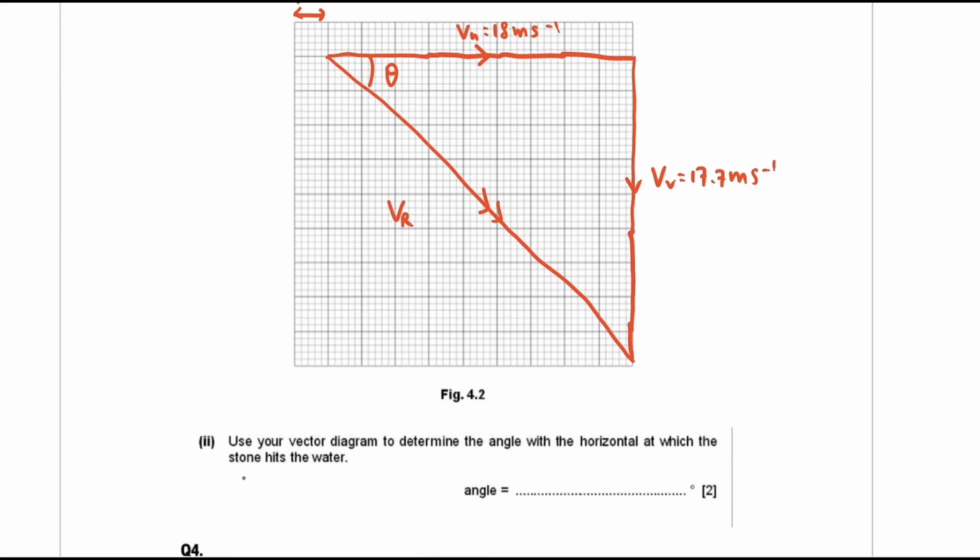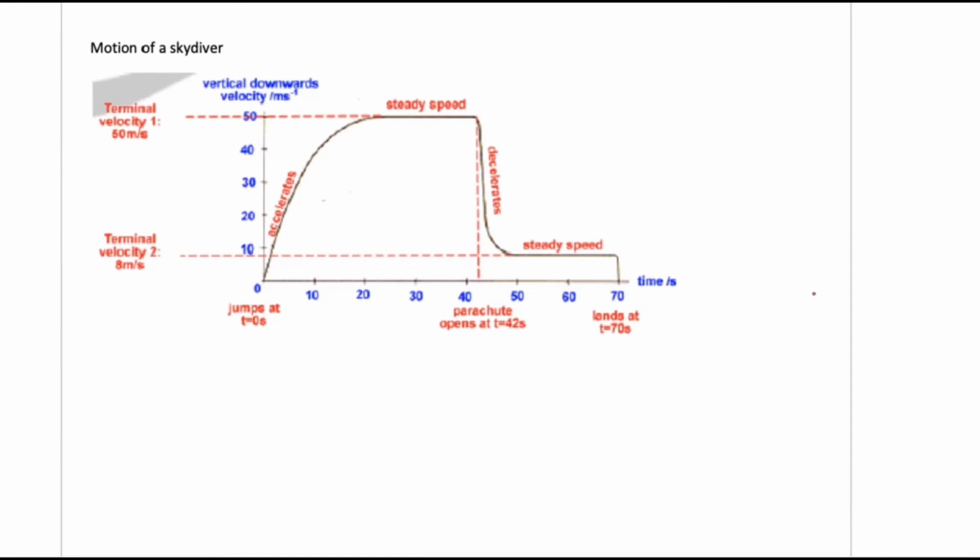If you are not using a protractor, you can use tan theta equals opposite over adjacent, then take the inverse tangent, and you will get 44.5 degrees. Then we fill in 44.5. That is how we handle projectile motion. We have settled this already.